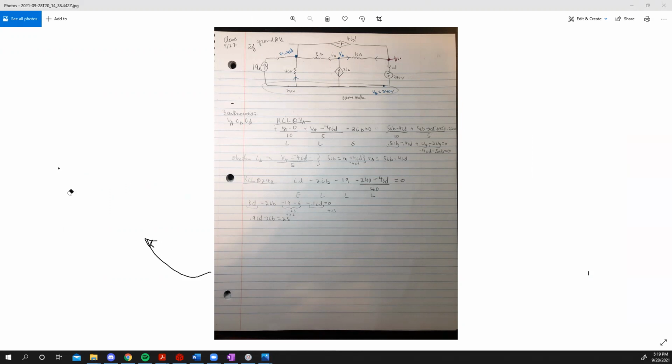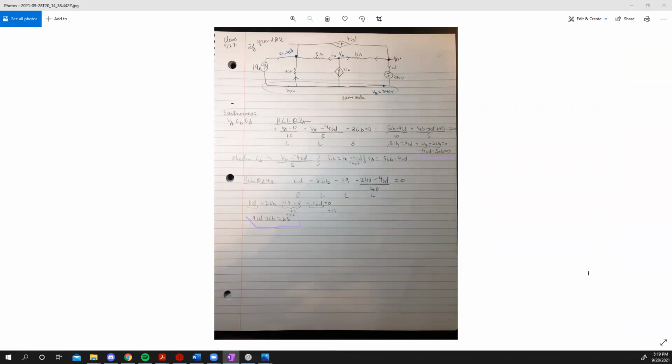Let's see, where did I... I'm trying to figure out what I put in the calculator. This is what I put in the calculator, this one and this one, in the row echelon form thing, the matrix.